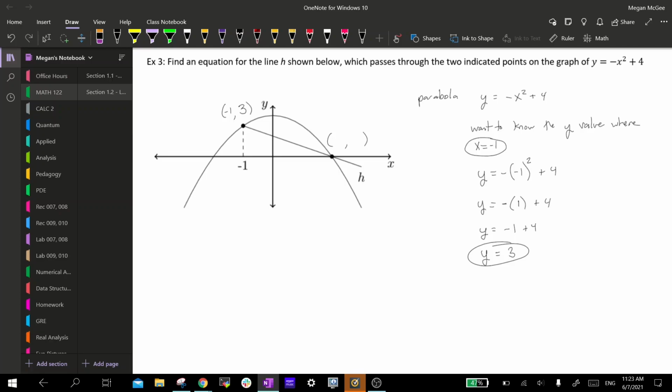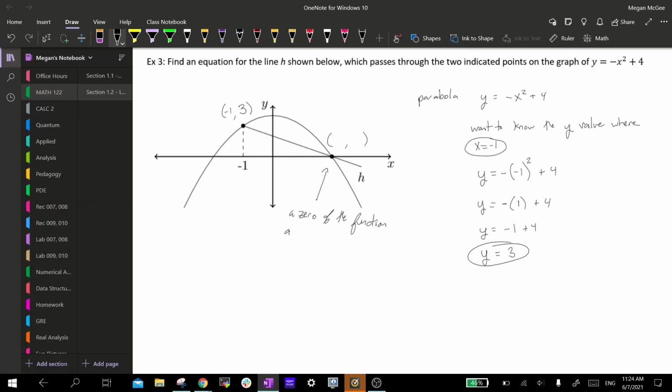And our second point, they didn't help us out by giving us an x value. Okay, what can you determine from this point though, based on the graph? Can you determine that the point is one of the zeros of the function? A zero of the function?